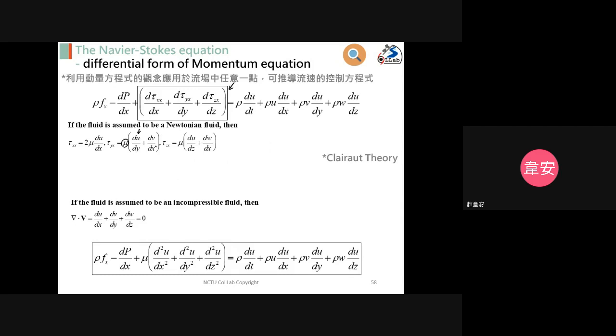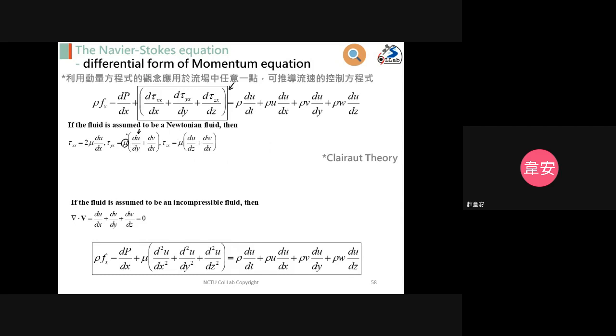So this is what we call the flow velocity gradients. So the relationship between the shear stress and the velocity gradient is the viscosity parameter.